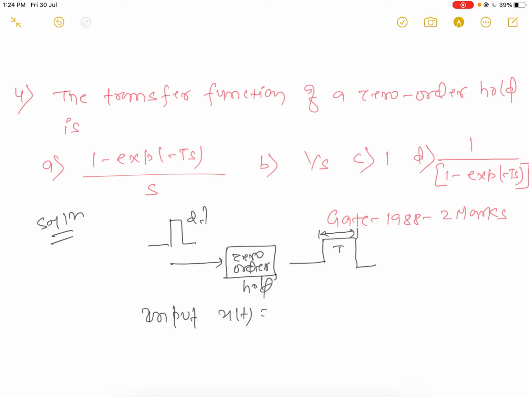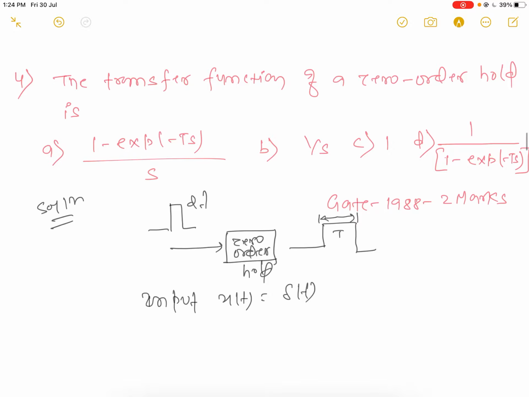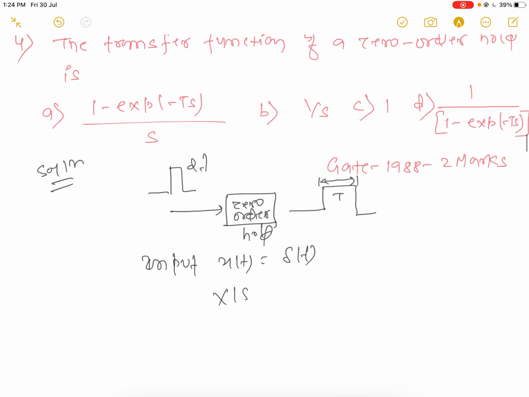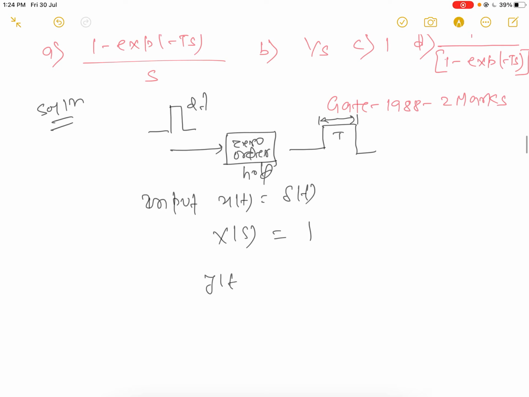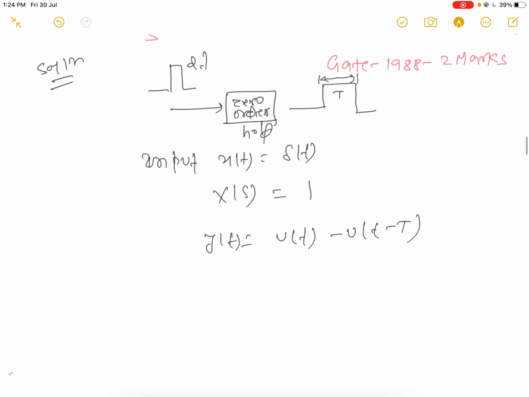So input is x(t) equal to delta(t). Okay, then X(s) will be 1 and output will be y(t) equal to u(t) minus u(t minus T) for a particular duration. Then Y(s) will be 1 upon s minus e to the power minus Ts upon s.